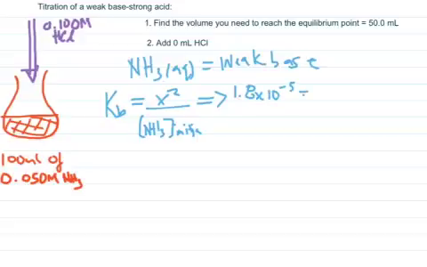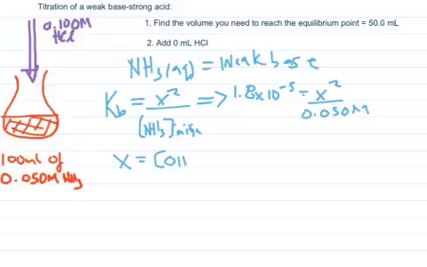We know that x is going to represent our hydroxide, and we know the initial concentration of our ammonia, which is 0.050 molar. So then we just find x, which again is equal to our hydroxide, and we get 9.5 times 10 to the minus 4.